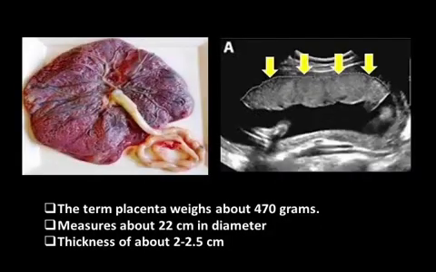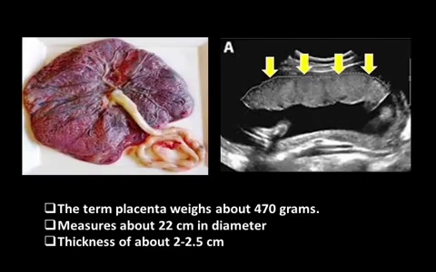Gross anatomy. Typically, the placenta is discoid in shape. Normally it lies along the anterior or posterior wall of the uterus, and may extend to the lateral wall with increasing gestational age.